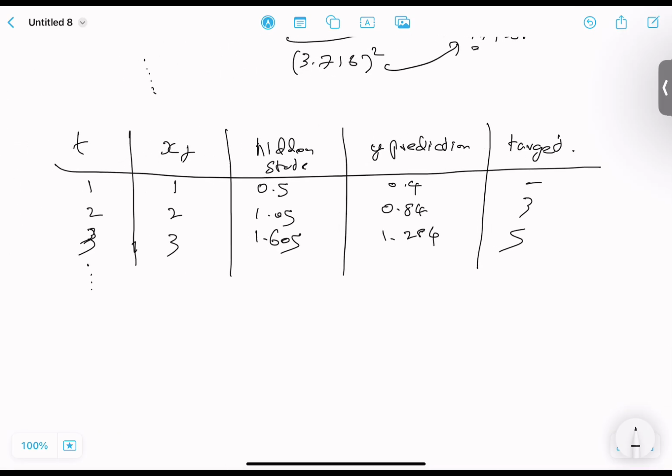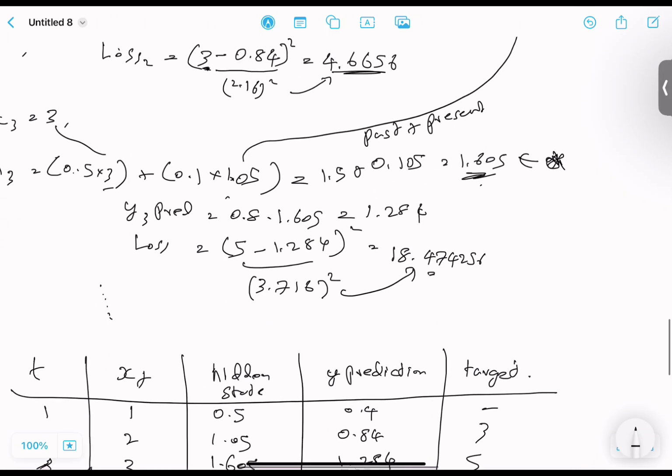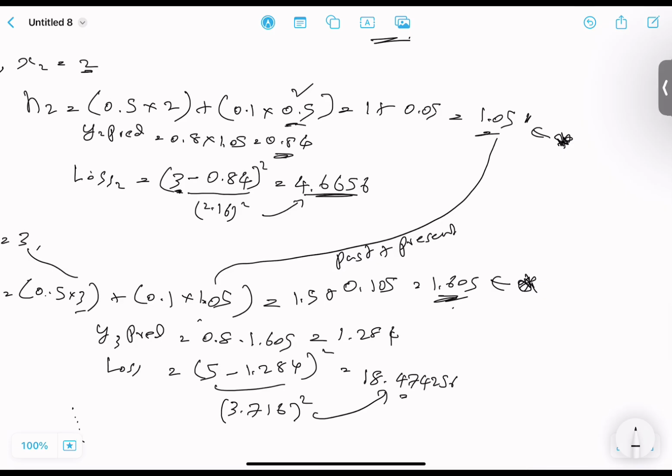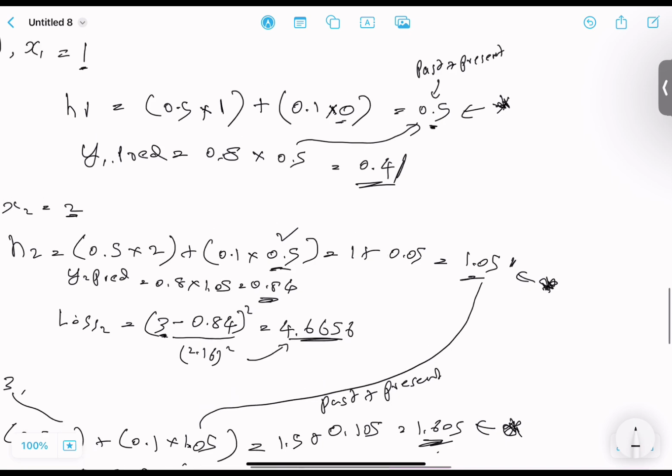All right. So we have successfully done a forward pass. I hope you understand how this past information will influence the present output in this forward pass.